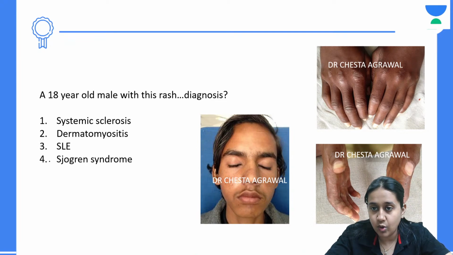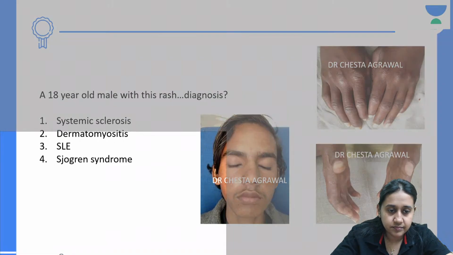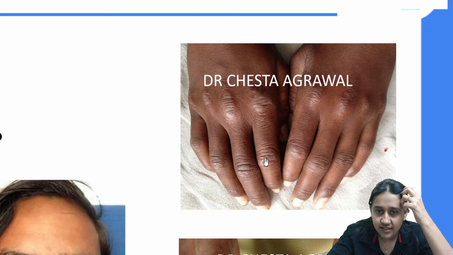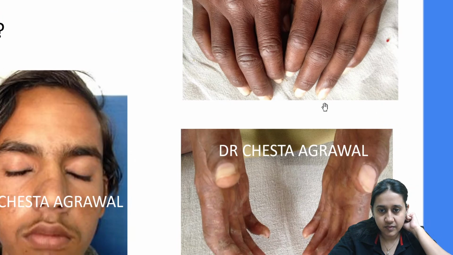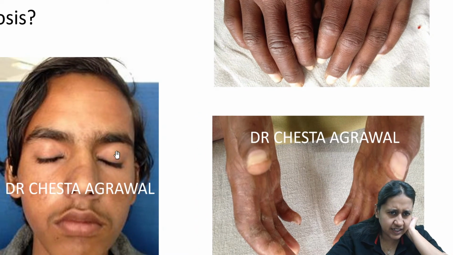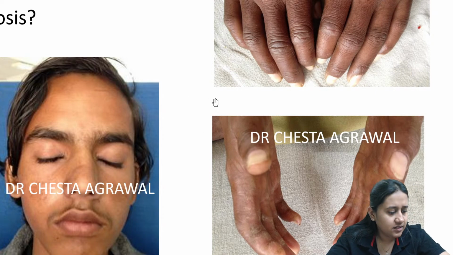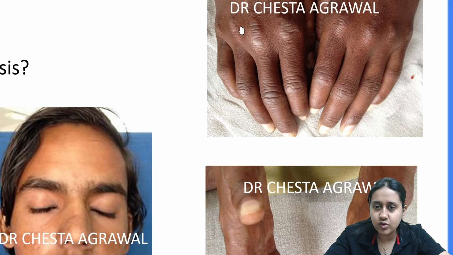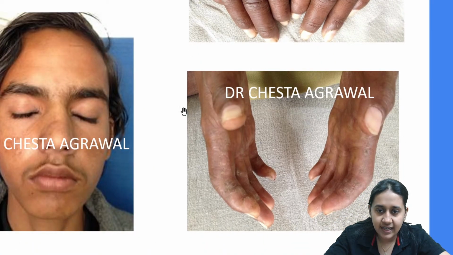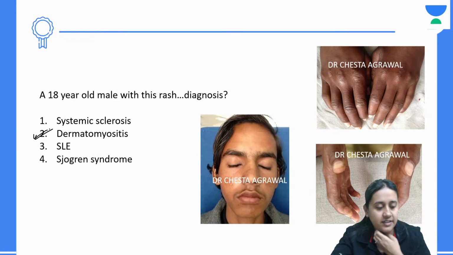An 18-year-old male with the following rash, again a very characteristic feature. Look at this image. Can you see this thickening on the knuckles? The hands are mechanic's hands, and there is slight erythema around the eyes. So the first image is Gottron's papule, then mechanic's hand, and then heliotrope rash, all features of dermatomyositis.